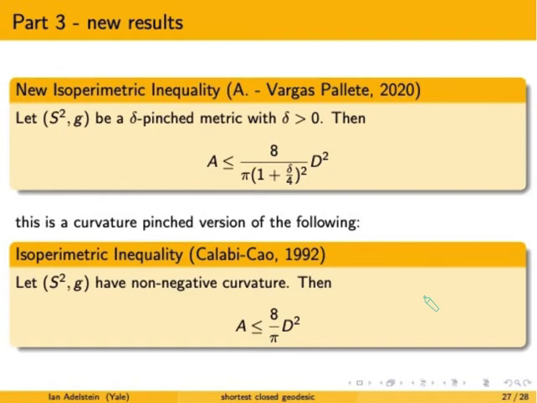By combining these two bounds on the first eigenvalue, they're able to get this relationship between area and diameter squared. So we follow their techniques and are able to get a pinched curvature version of their isoperimetric inequality.